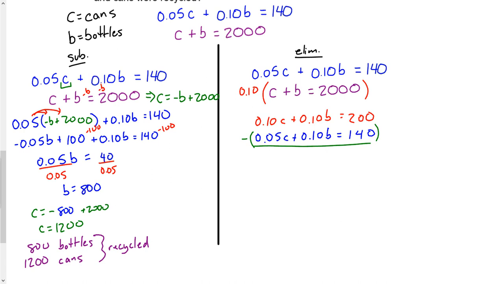Let's see, 0.10c subtracting 0.05c, well, that's 0.05c. 0.10b subtracting 0.10b, gone. 200 subtracting 140 should be 60. Finish off my work by dividing by 0.05.